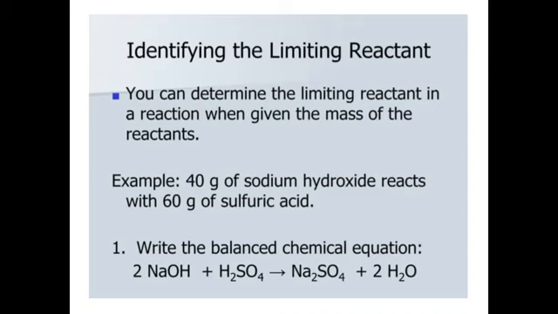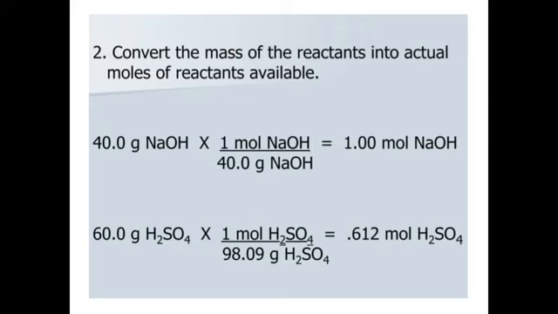When you balance the reaction, to calculate for that, we can convert the mass of the reactants into the actual moles of reactants available. That means we want to convert both 40 grams and 60 grams to moles. Remember, we know that mole is equal to mass over molar mass.